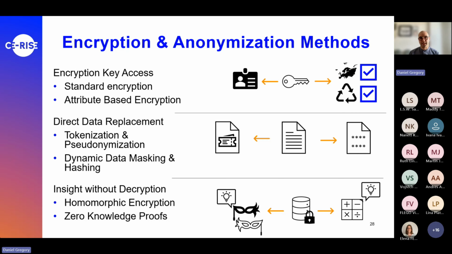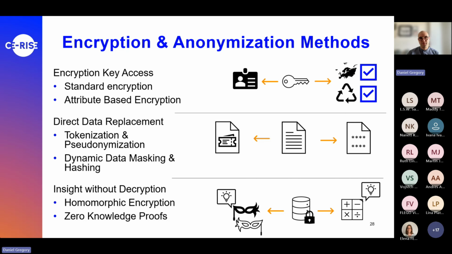Here you have homomorphic encryption, which is essentially being able to run calculations on the encrypted data that then produces an encrypted answer that can be confirmed as correct, or zero knowledge proofs, where essentially two people agree that something is correct without having to share any of the underlying information behind that. It's a very interesting and difficult way to do it, but yeah, those are kind of the gold standards.